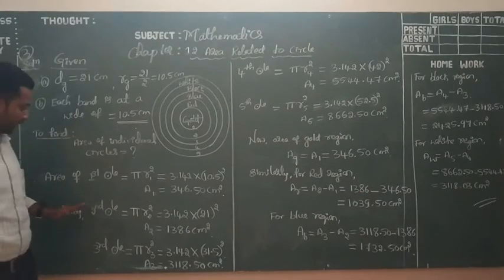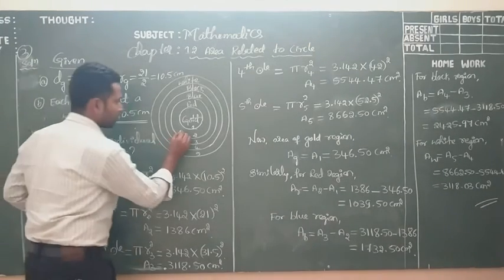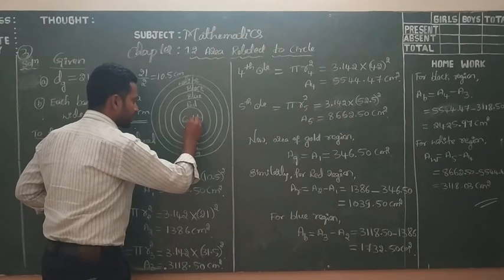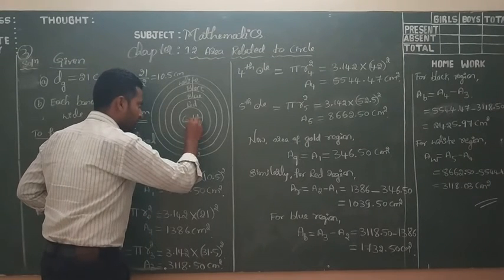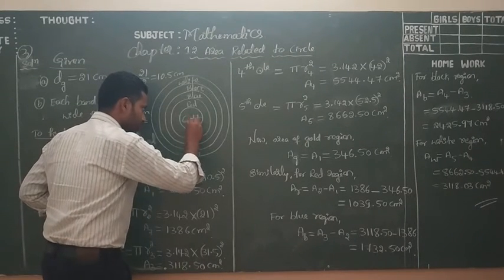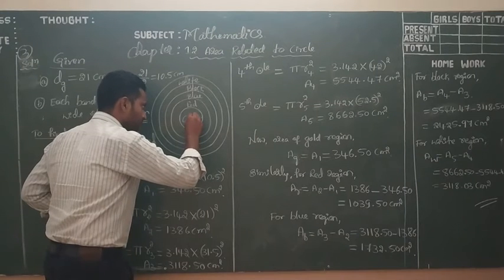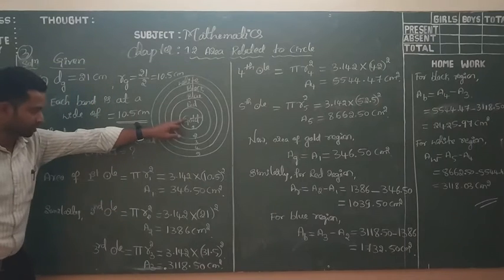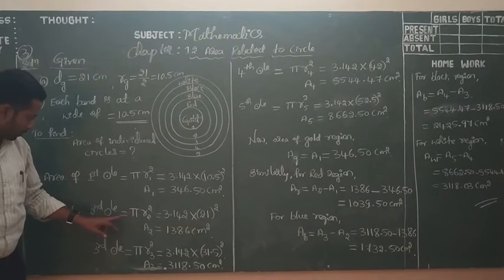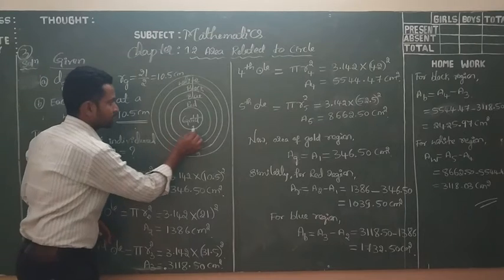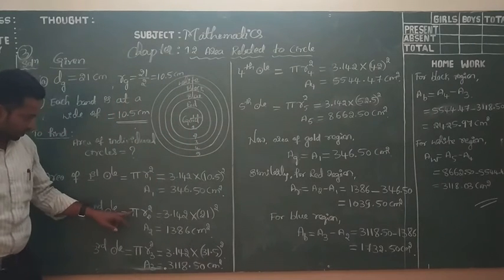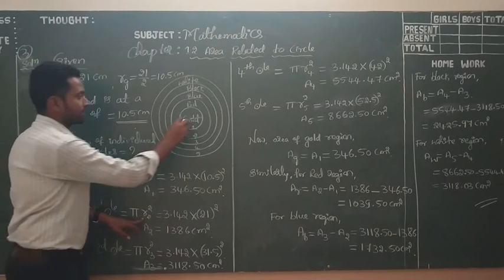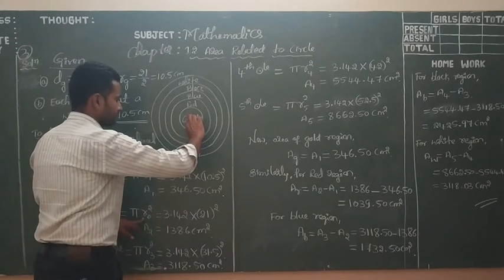Next, similarly, the area of the second circle. The radius of the second circle is the radius of the first circle plus the distance from there to this point. So the area of this entire circle is pi r2 square, where r2 is the radius of the second circle.